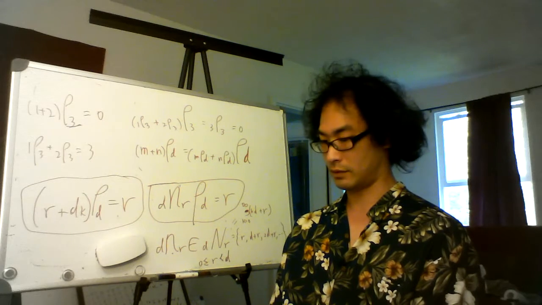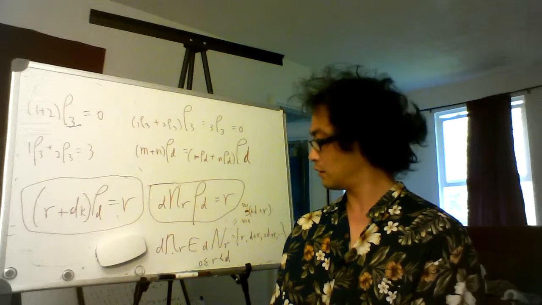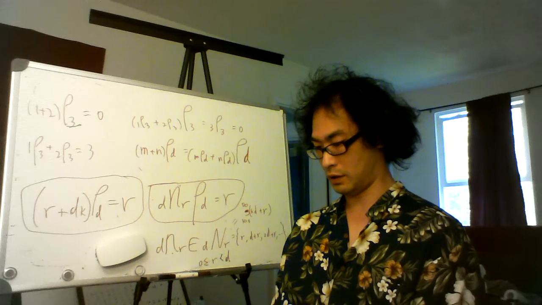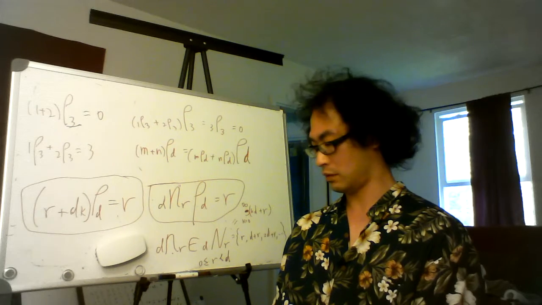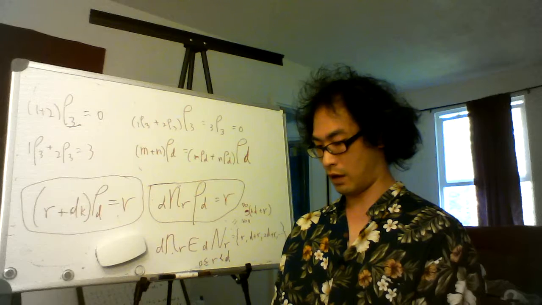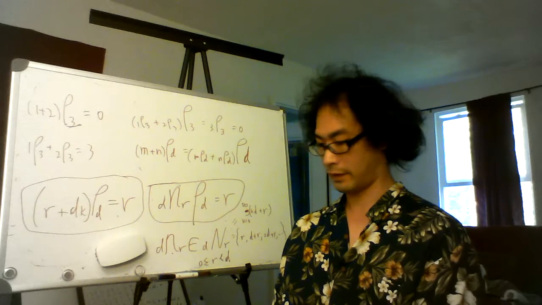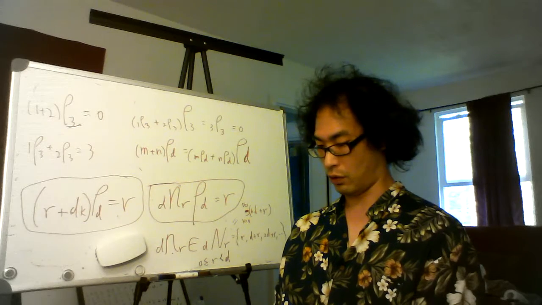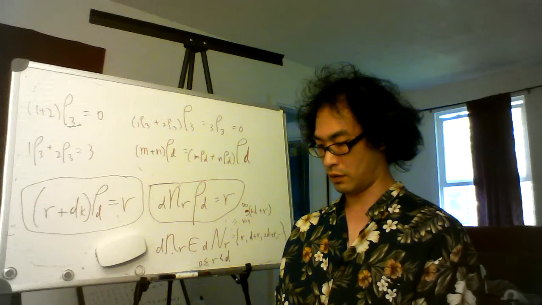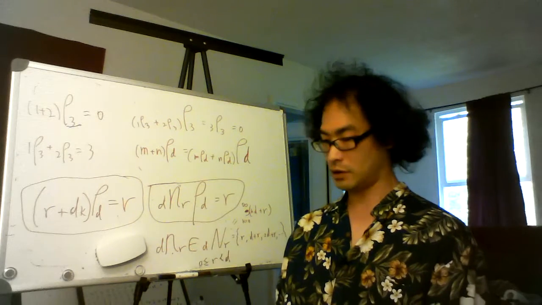All right, so you have N R rho D is equal to R, and then you have R plus dk rho D is equal to R. What else? This distribution law.